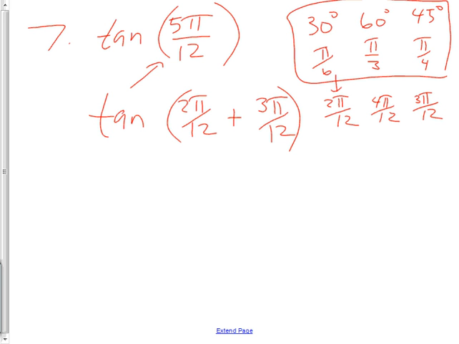And now, at this moment, wouldn't it be okay to change them over to degrees? Yeah, it would. And if I change this over to degrees, what's 2 pi over 12 really? 30. Plus, what's 3 pi over 12? 45.